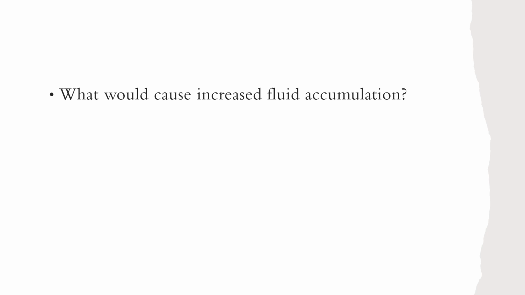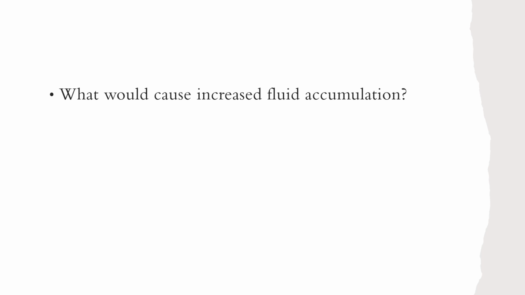So moving on to oncotic pressure, would that pressure be higher or lower for increased fluid accumulation? So think about that one. This is going to be a lower oncotic pressure, okay? So for some reason, we're going to have decreased albumin. So we're not going to be pulling as much water into our vascular space as we should be.